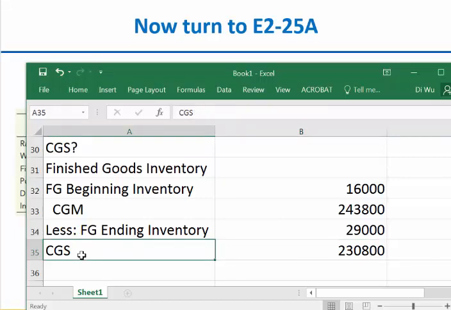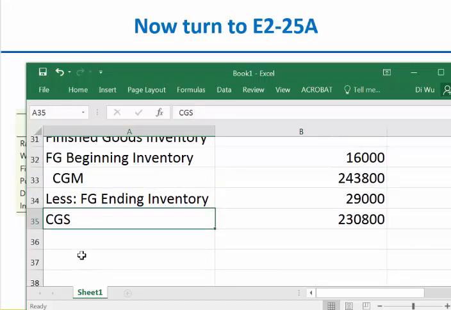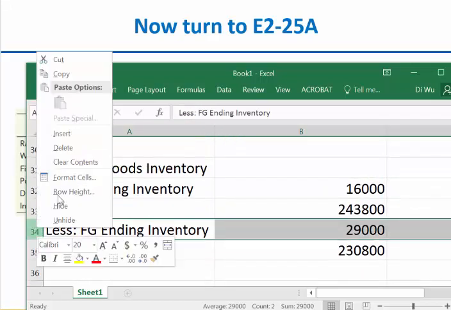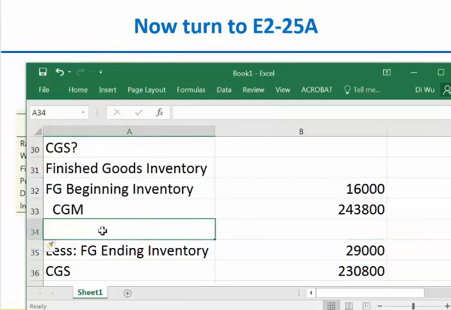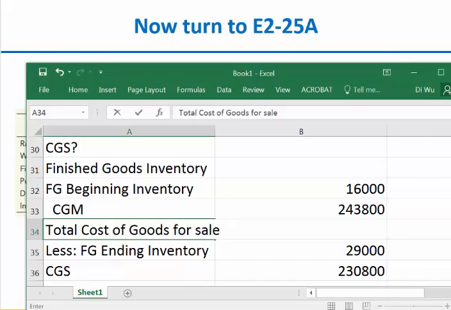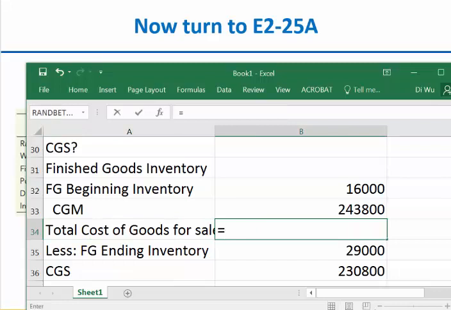Actually, I should add one more line, and I think it might be better. Let me insert one line here, because I need to find out the total cost of goods for sale. When you add 16,000 to the 243,800, you get 259,800.